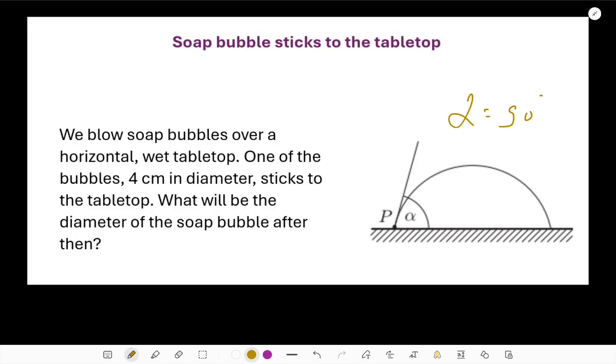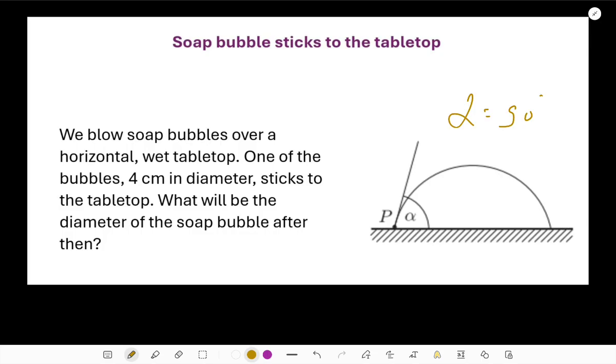Therefore, neither the pressure nor the temperature of the air in the bubble stuck to the table changes. So its volume remains the same. The volume of the hemisphere is the same as the volume of the original bubble, because nothing has gone out of the air.